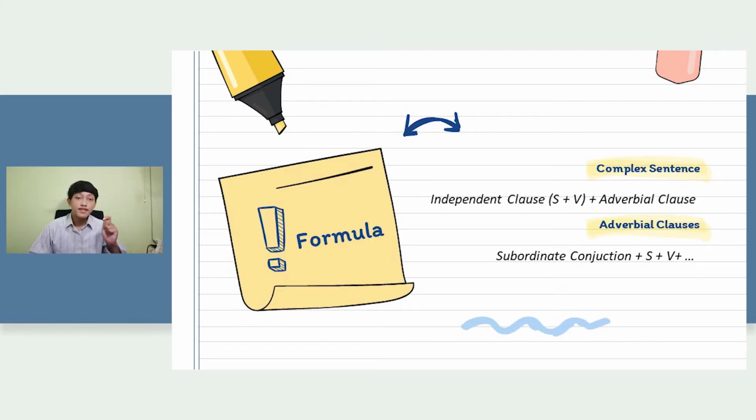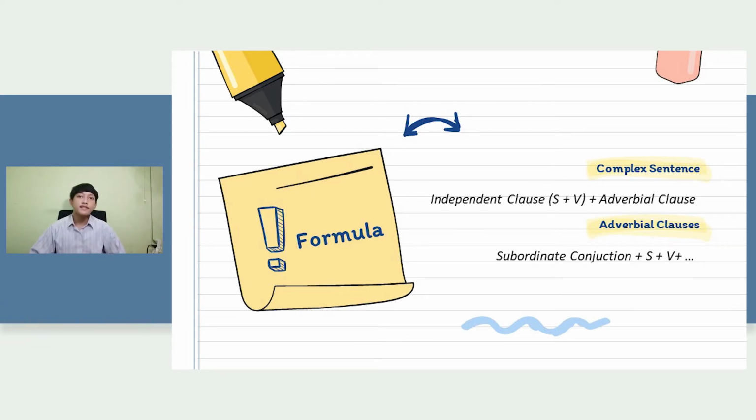The easiest formula for an adverb clause is to make it a clause with a conjunctive statement. Meanwhile, the adverb clause itself consists of two kinds of sentence, namely complex sentence and adverbial clauses. Let's observe below.